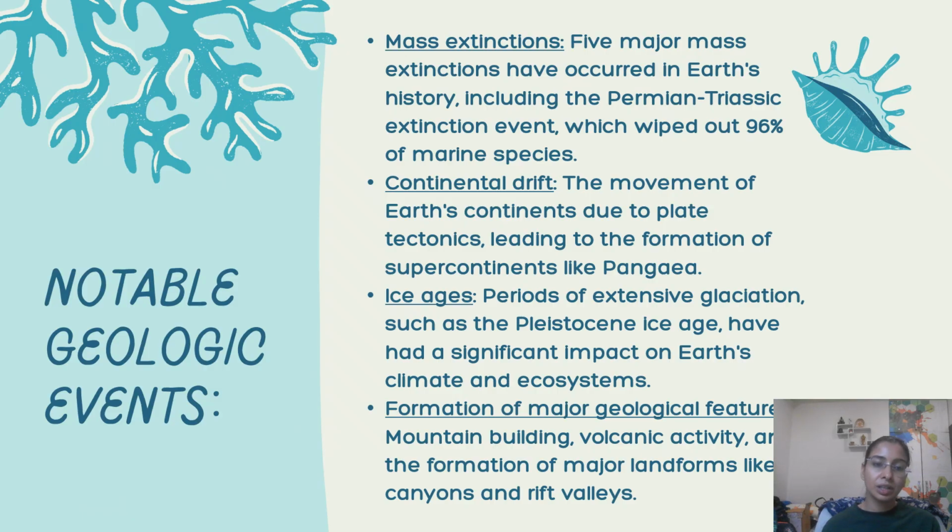Then the most notable, very specific events that happened during the geological time scale, or during the history of the Earth, is mass extinction. There were five major mass extinctions during Earth's history, where we lost 96% of the marine species.